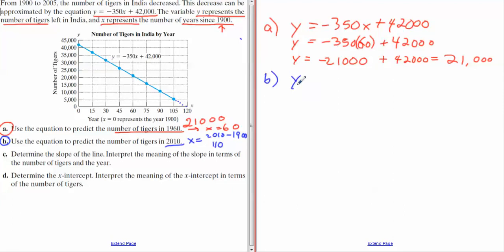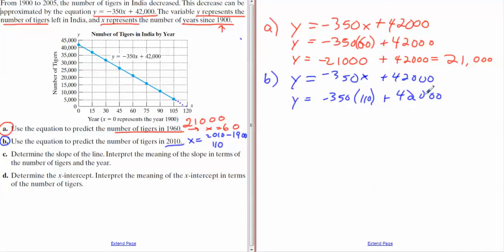We start with y equals negative 350x plus 42,000, and we said that our x was 110.